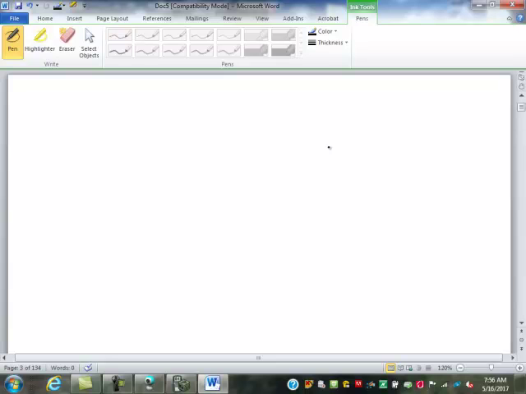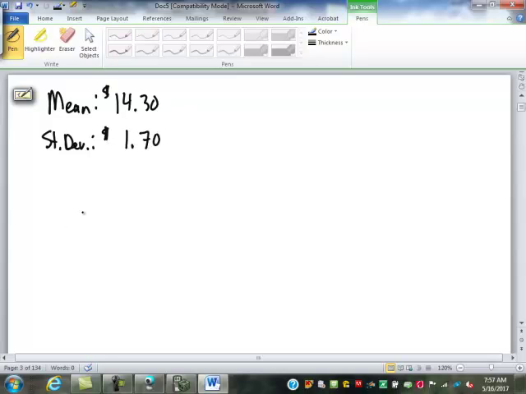So let's say you're looking at a job and you do some research in the area and you find that the mean starting pay for the position that you're hired for is $14.30 an hour. And the standard deviation in the starting pay is $1.70 per hour.